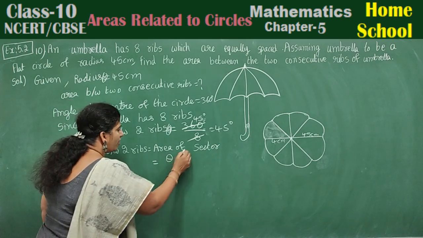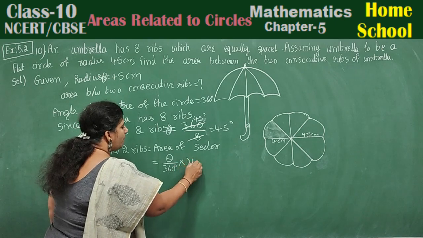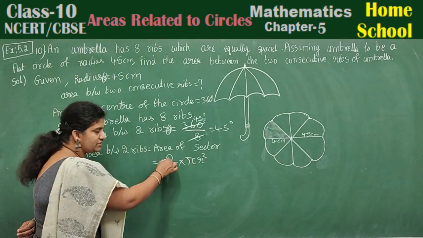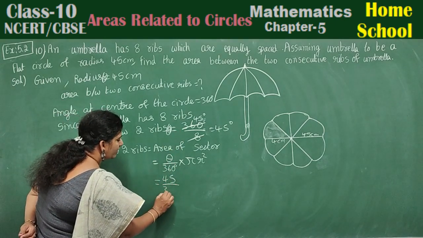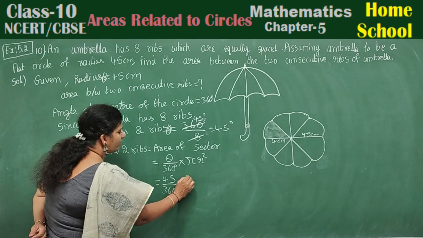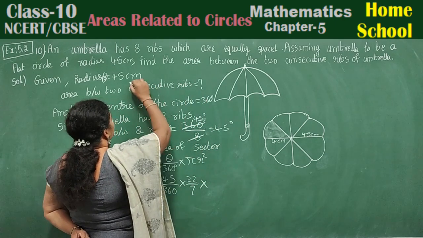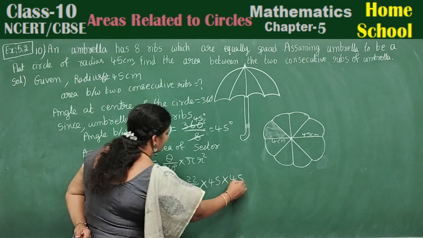Area of a sector formula: theta by 360 degree into pi r square is equal to, substitute theta value, 45 degree by 360 into pi value, 22 by 7, and radius, what is the radius? 45 centimeter. 45 into 45.